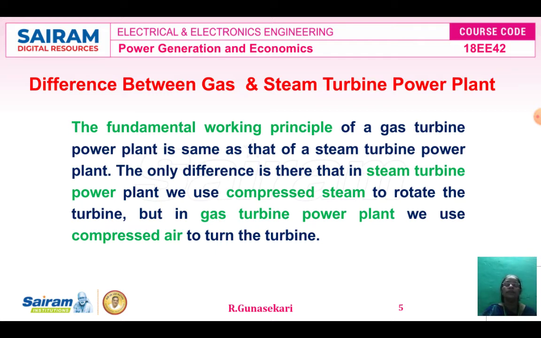The only difference is that in steam turbine power plant, we use compressed steam to rotate the steam turbine, but in the gas turbine power plant, we use compressed air to turn the gas turbine. This is the major difference between the gas turbine power plant and steam turbine power plant.